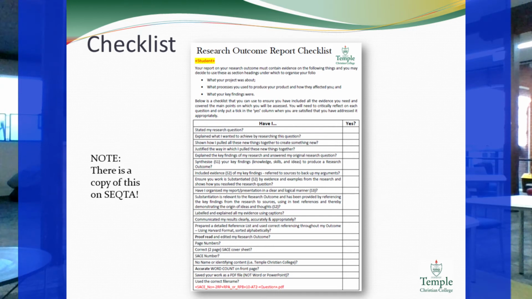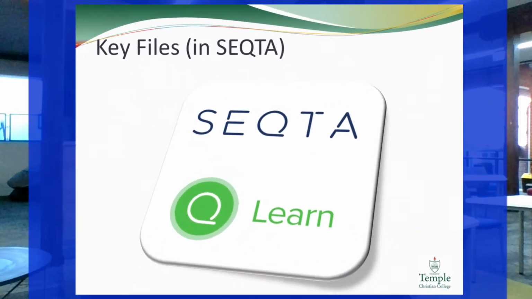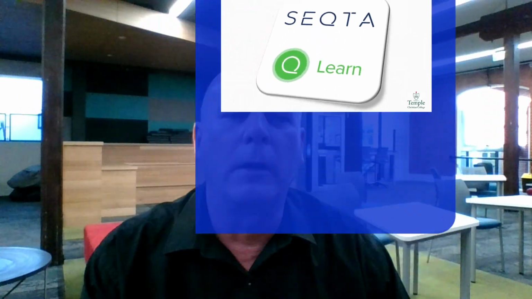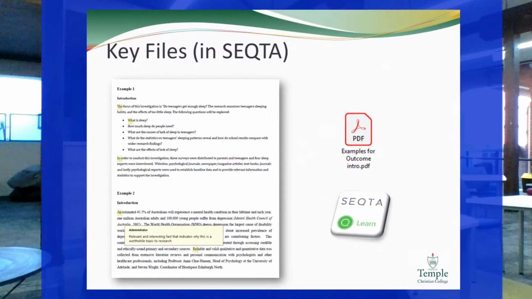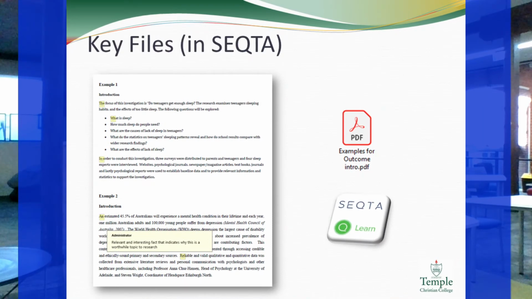This includes also the naming standard for your document. There are very specific rules about how this is named. So there are key files on Sector. Make sure that you take advantage of these. So here's the format. Here is a screen capture of the file, and this is what the file is called on Sector.